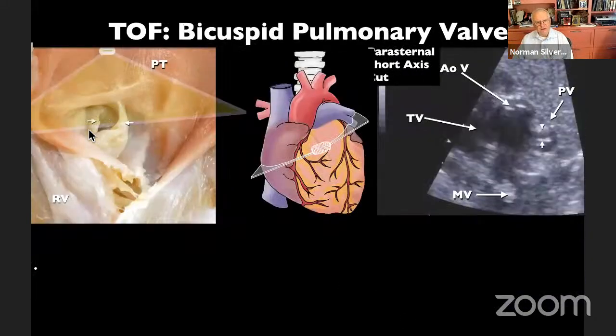Here is a bicuspid pulmonary valve in a favorable position. As you see, if the transannular patch was coming across here, the surgeon could preserve the leaflets and preserve a semblance of pulmonary sufficiency. And of course, we know that the largest problem in this condition is the pulmonary insufficiency in the long term.